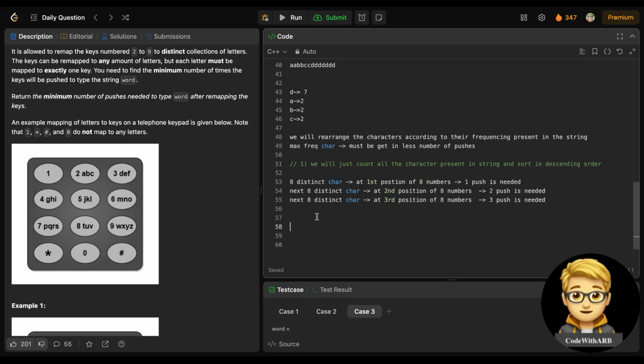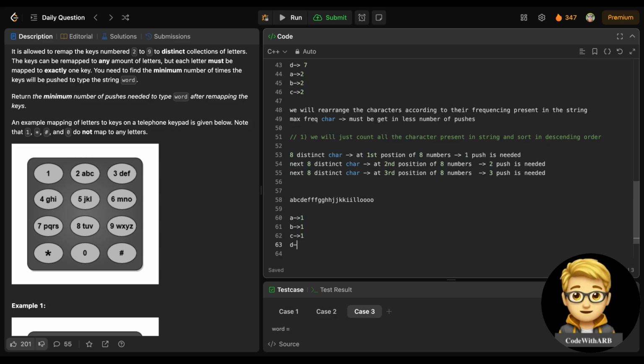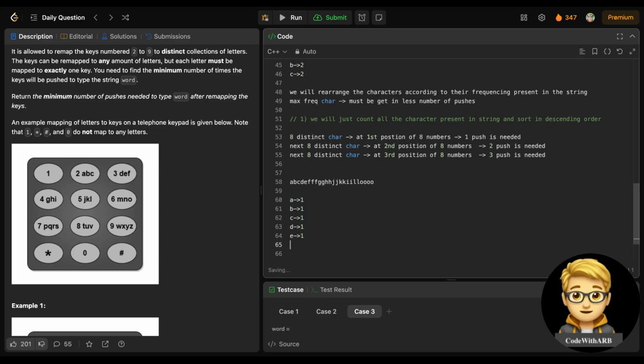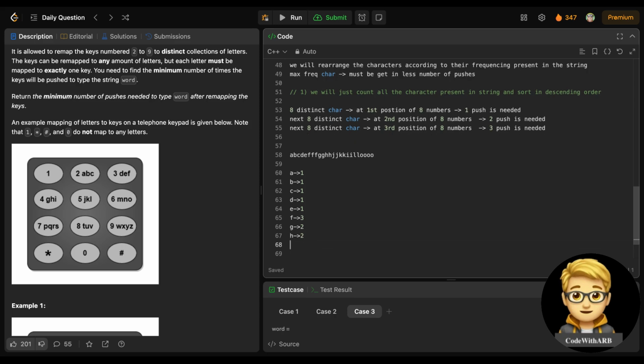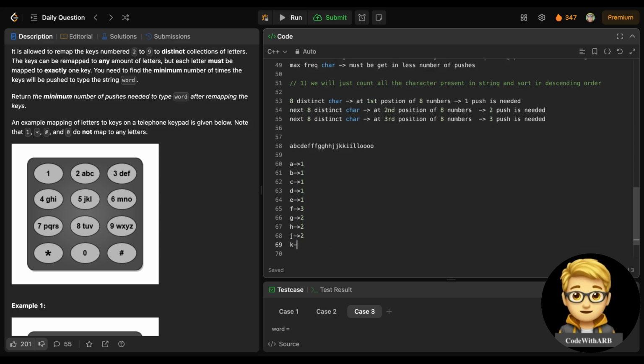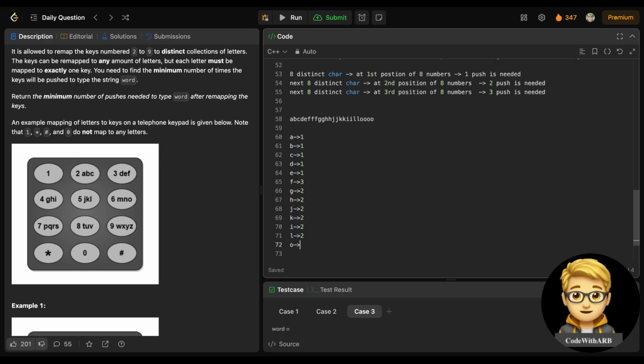Suppose we are given a b c d e f f f g g h h j j k k i i l l o o o o. So a is one time, b one time, c one time, d one time, e one time, f three times, g two times, h two times, j two times, k two times, i two times, l two times, and o is four times, right?